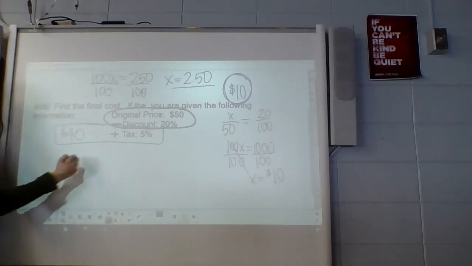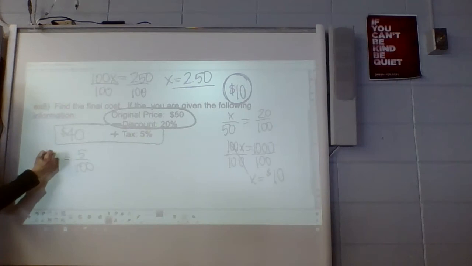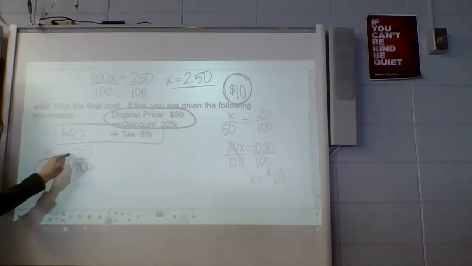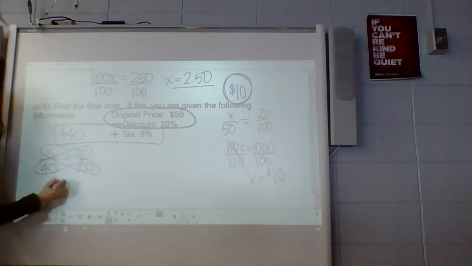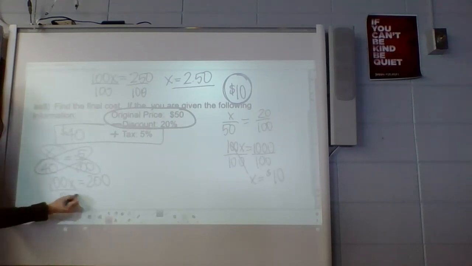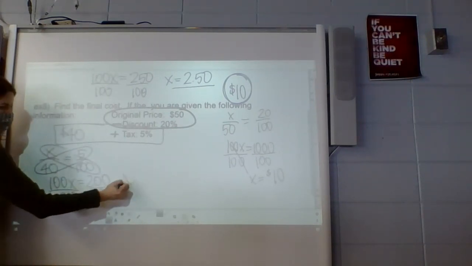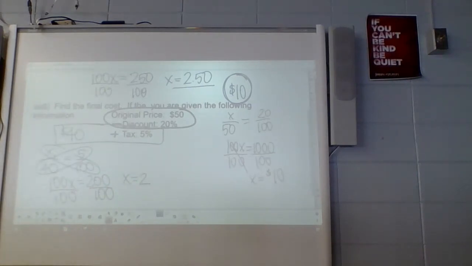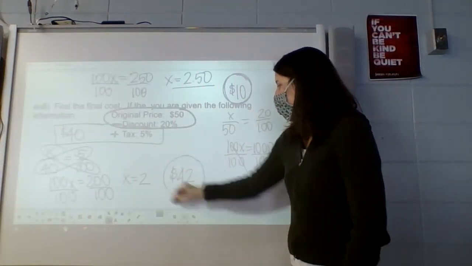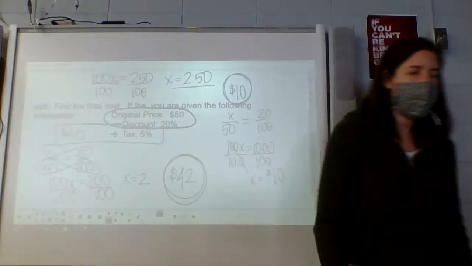So now we're going to do 5% tax on our new $40 item to figure out what that is, and then we're going to add that on this time. And so our item's final cost will be $42. If you walked up to the register with just $40, that's not enough.